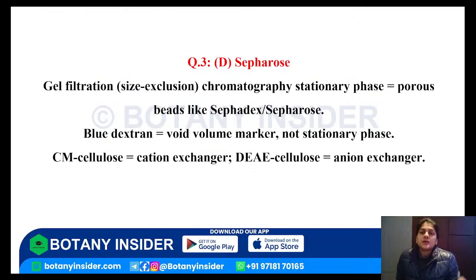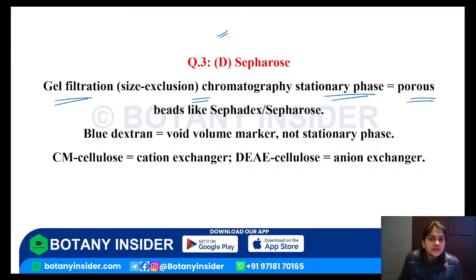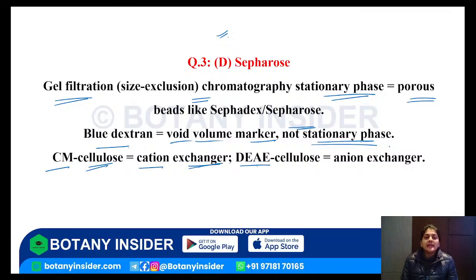Let's see. It is option number D. Gel filtration, which is your size exclusion chromatography, has a stationary phase of porous beads like Sepharose, right? Blue dextran is a void volume marker, not in the stationary phase. CM cellulose is a cation exchanger, and DEAE cellulose is an anion exchanger.